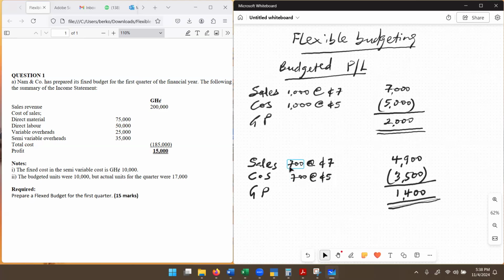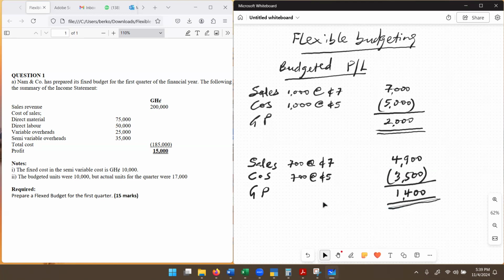We are now saying that we will produce and sell 700. And so we have to flex the budget to reflect the actual activity level. And so when the budget is flexed, we now have new sales, new budgeted cost of sales, and new budgeted profit. So this is the thinking behind flexible budgeting.